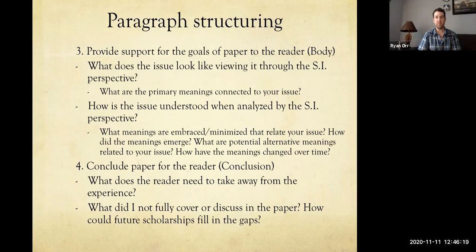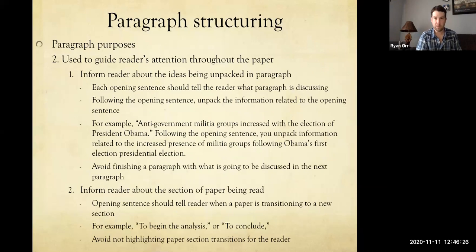Again, you have order in the paper that creates order in the mind of the reader. And when you're using those paragraphs not only to create a structured outline, but to structurally guide the reader, when it's coherent within the paper, it'll be coherent in the mind of the individual.